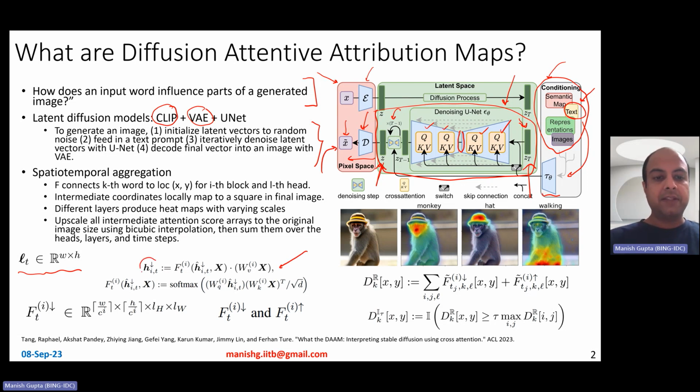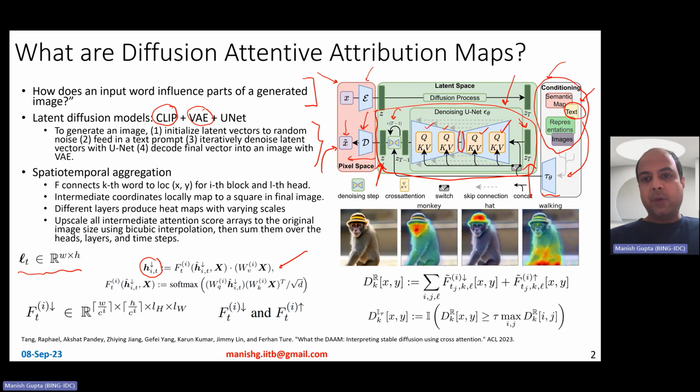When you are downsampling the hidden layer output, remember there are two indexes here, I and T. T stands for the time. As I mentioned, you'll be doing this UNet denoising operation T times. If you don't understand the diffusion process and this diffusion model, I really encourage you to look at the latent diffusion model videos that I've created in the past.